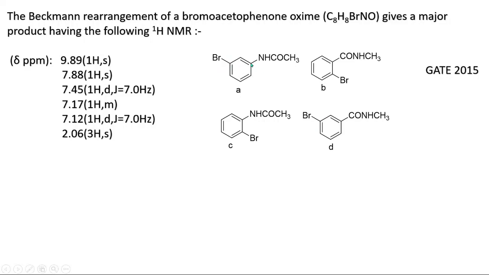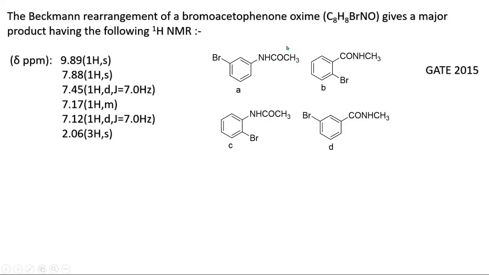If you see this molecule, this is attached to NH and this is attached to a carbonyl group. So the 9.89, 1 hydrogen singlet, must be the NH proton, and this NH should be attached to the benzene ring. How do we know that? The 2.06, 3 hydrogen singlet, corresponds to a CH3 attached to a carbonyl group, not any heteroatom.